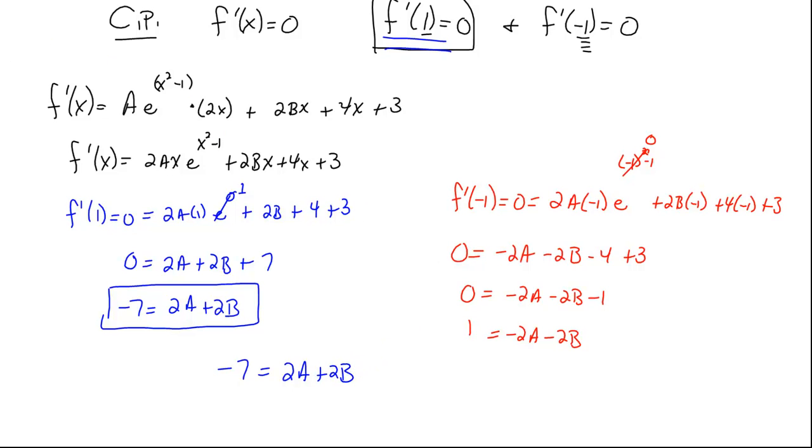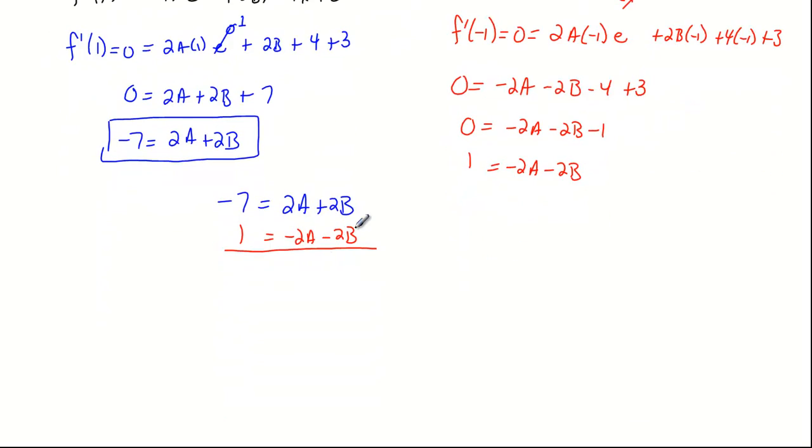And then from the second equation, we will have 1 equals negative 2a minus 2b. So we're solving this simultaneously via an elimination method. 2a minus 2a gives you 0. 2b minus 2b also gives you 0. And on our left side, negative 7 plus 1 gives you negative 6.